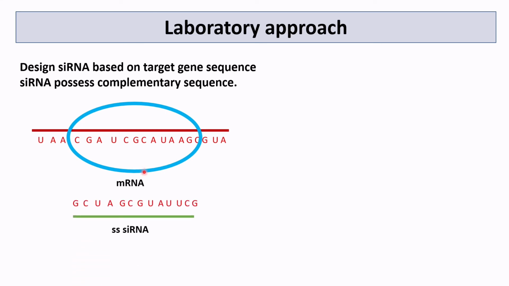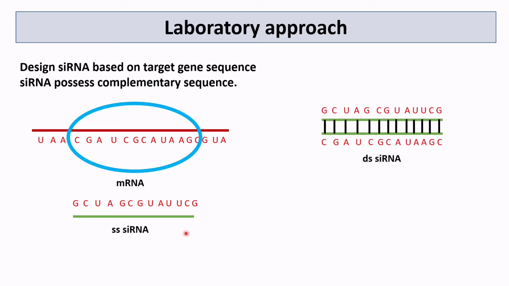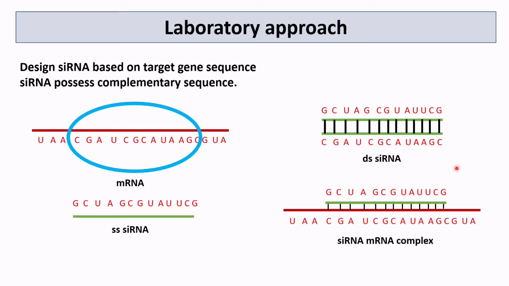So, your siRNA sequence should be this. Now, before processing it into single-stranded siRNA, the double-stranded siRNA sequence should be this. And this is the siRNA-mRNA complex.